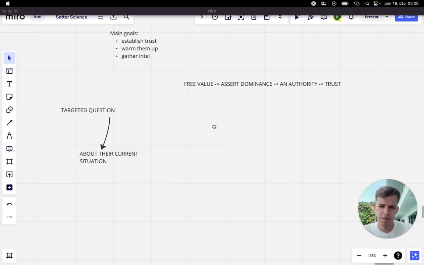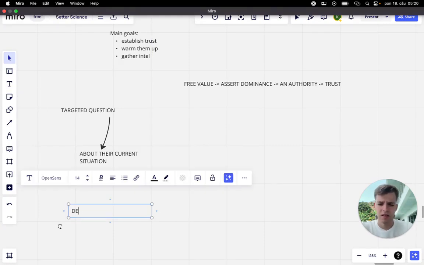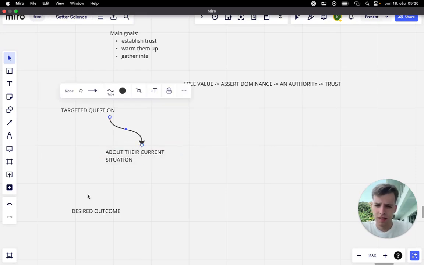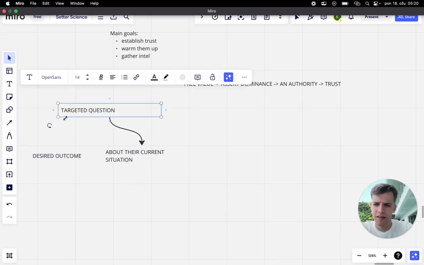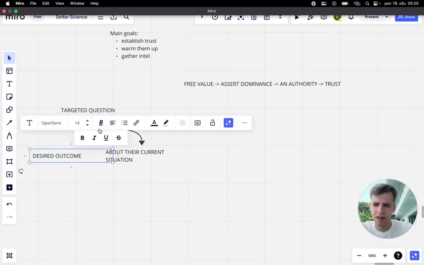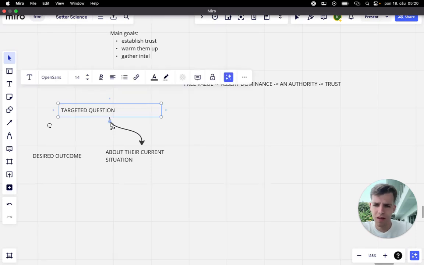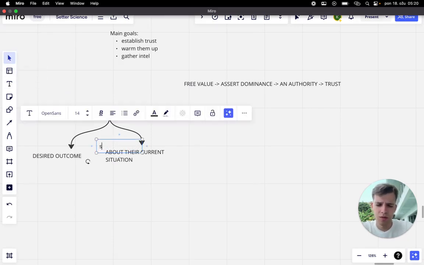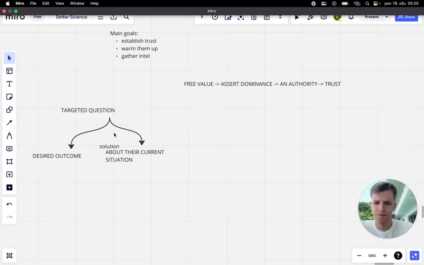And then you also want to know about his desired outcome. It pretty much goes like this. You need to find out more about his current situation and his desired outcome. And somewhere in between those two, let's say here, is your solution.